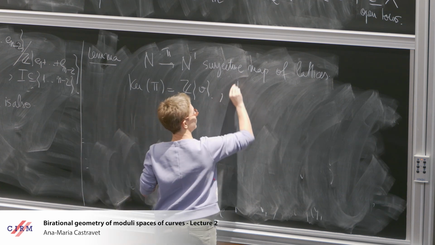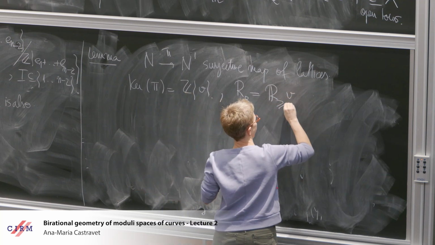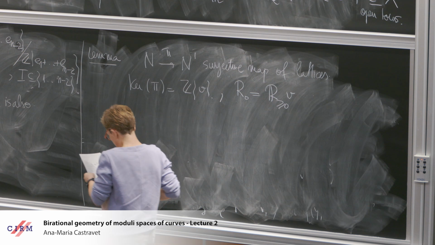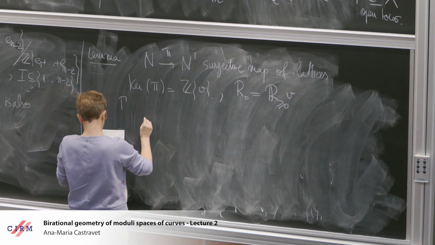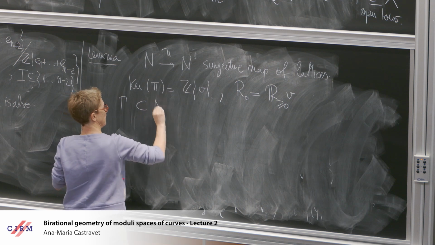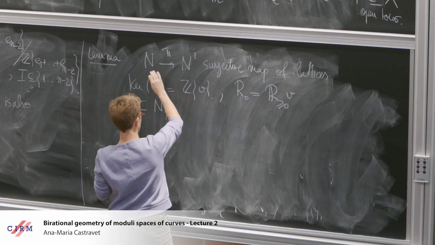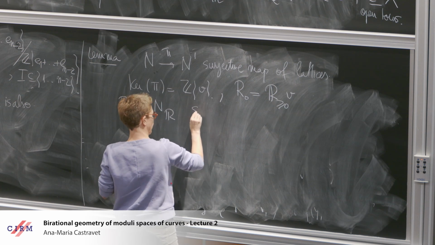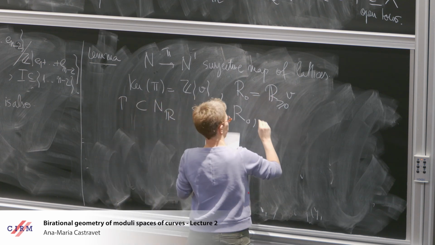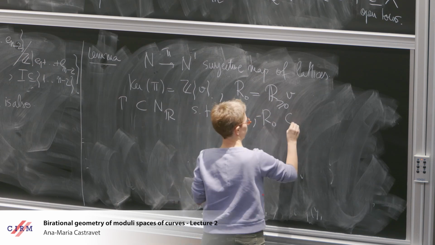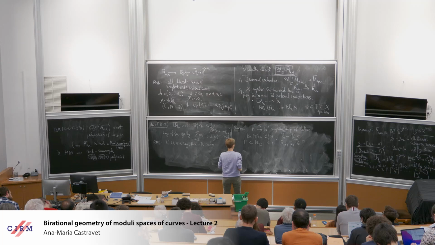And I want to look at the ray spanned by this vector. Let me call this R0. And if you start with a set of rays in this vector space given by this lattice, such that both this ray and minus it are among the rays of this set.